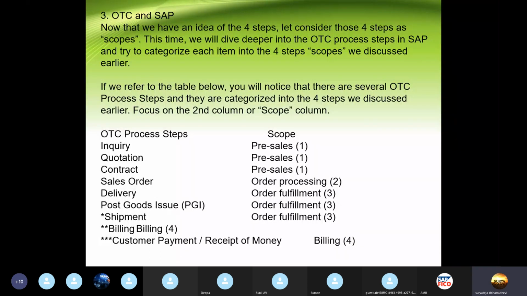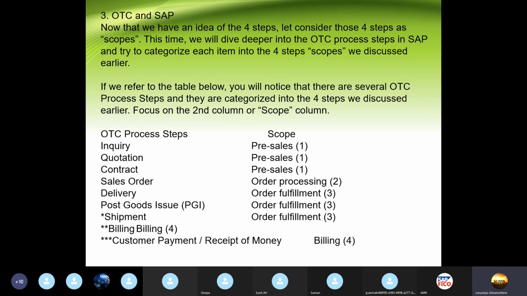OTC processes or steps. First one is inquiry. This comes under pre-sales. Then quotation. This also comes under pre-sales. Contract. This will be coming under pre-sales. And then comes the sales order. It comes under the scope order processing. And then comes delivery. This also comes under order fulfillment.